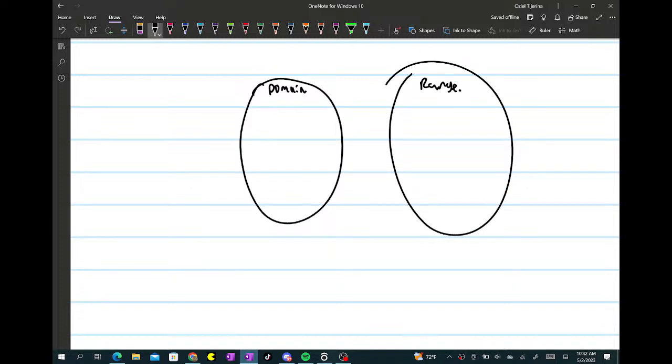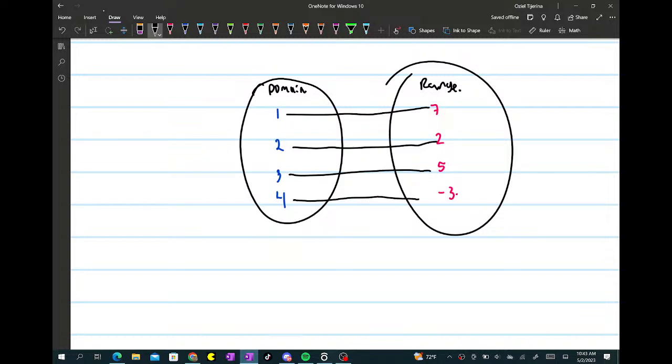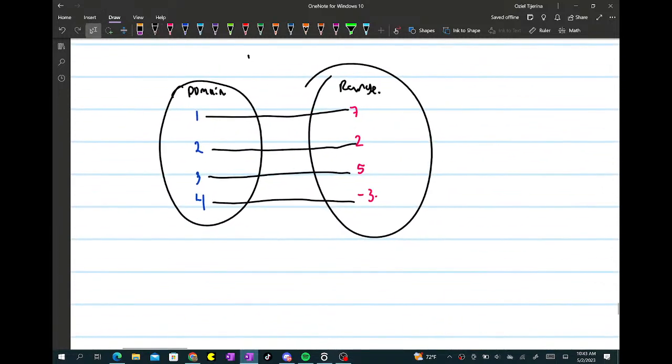And what they would say is that every input in the domain had to have one output. But, let's just say every input has one output here. So for example, this is considered a function.